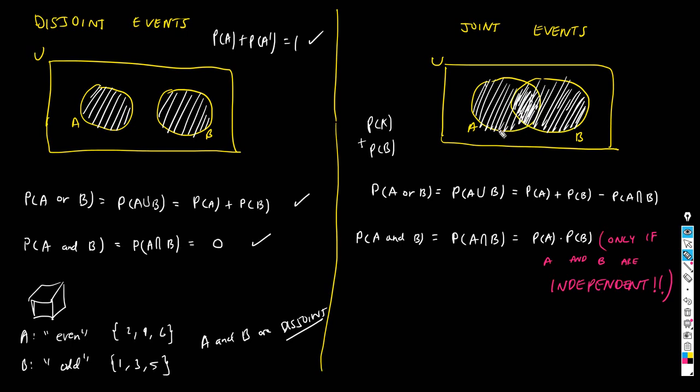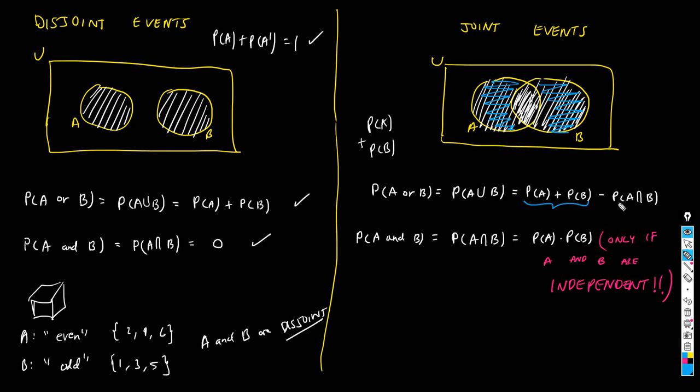Can you see that? Add this area to this area, and what you're going to do is basically add this bit in here plus this bit and this bit twice, and that's why the probability of A or B has to be the sum of both minus one of these areas, because by doing this, guys, I'm considering this area twice, so I need to discount.